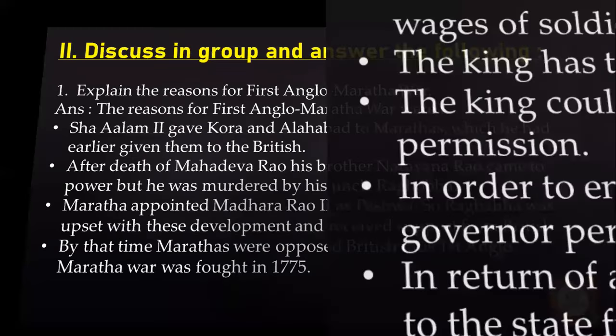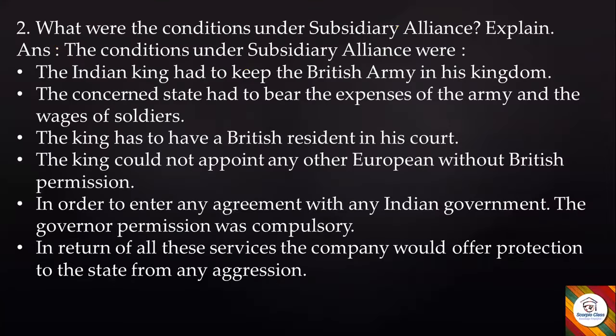Moving to the next question. What were the conditions under subsidiary alliance? Explain. Answer. The conditions under subsidiary alliance were the Indian king had to keep the British army in his kingdom. The concerned state had to bear the expenses of the army and the wages of the soldiers. The king has to have a British resident in his court.